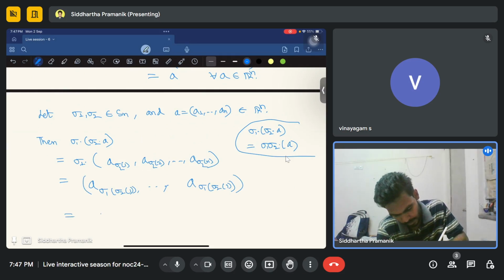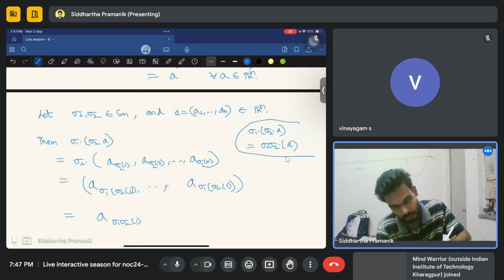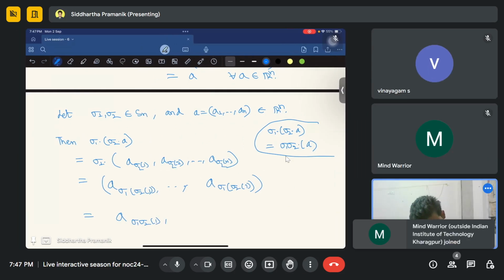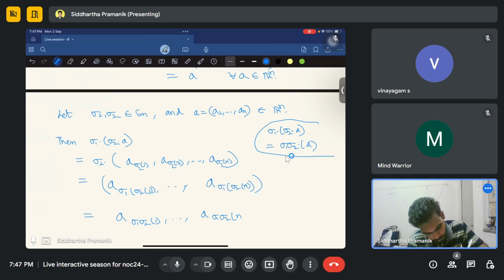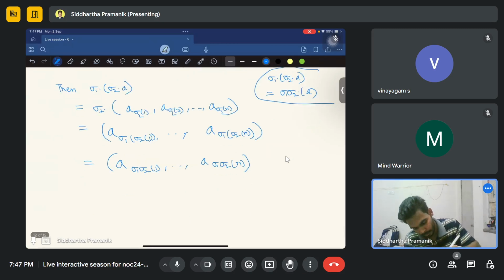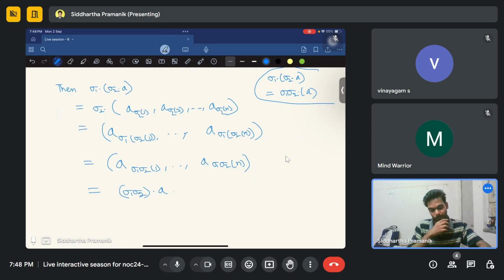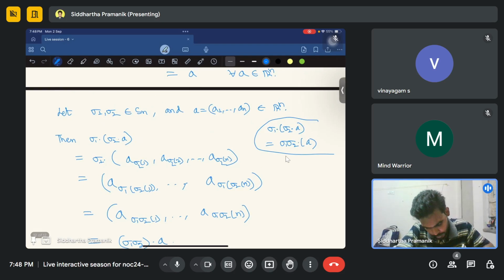This is same as A of sigma 1 sigma 2 evaluated at 1, and this is same as sigma 1 sigma 2 evaluated at n. So this is sigma 1 sigma 2 dot A. So this is a group action. So it is trivial also. There is nothing difficult here.